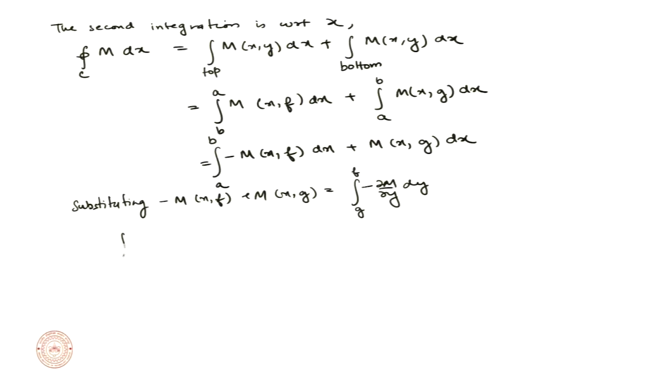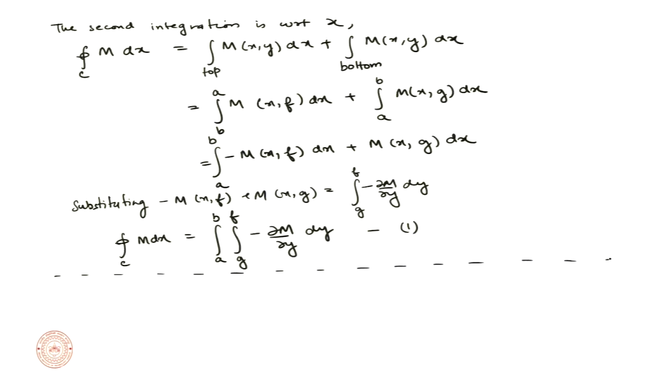We will substitute. So, we will have our cyclic integral of m dx is equal to the integration from a to b, integration from g to f of minus del m by del y dy. So, this is our first case. Let us name it equation 1.